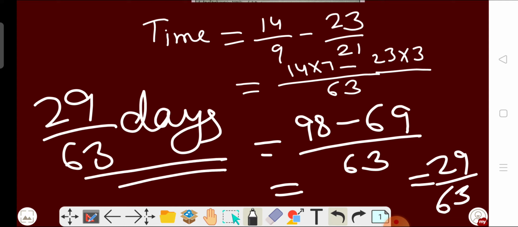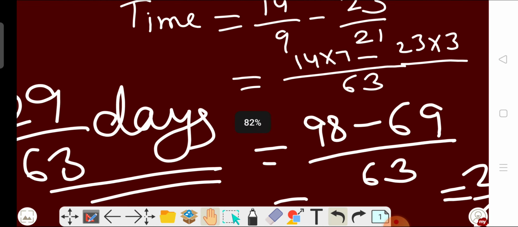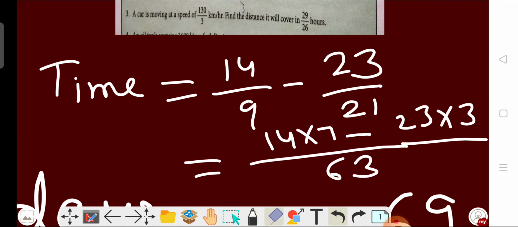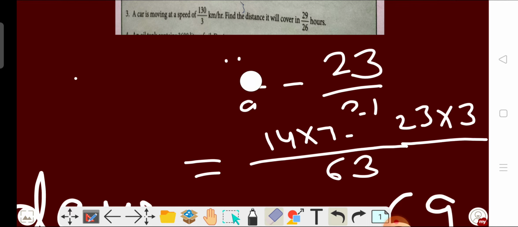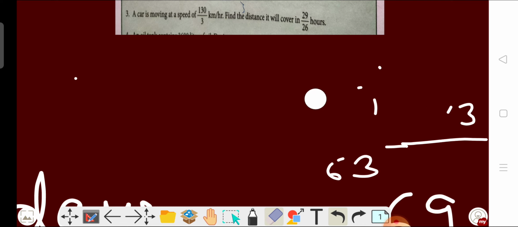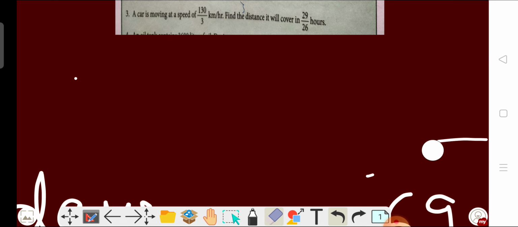This is the solution of your second question. Now we will solve our third question. The statement of the third question is: a car is moving at a speed of 130/3 km per hour and the time taken by the car is 29/26 hour, and we have to calculate the distance covered by the car in 29/26 hour.